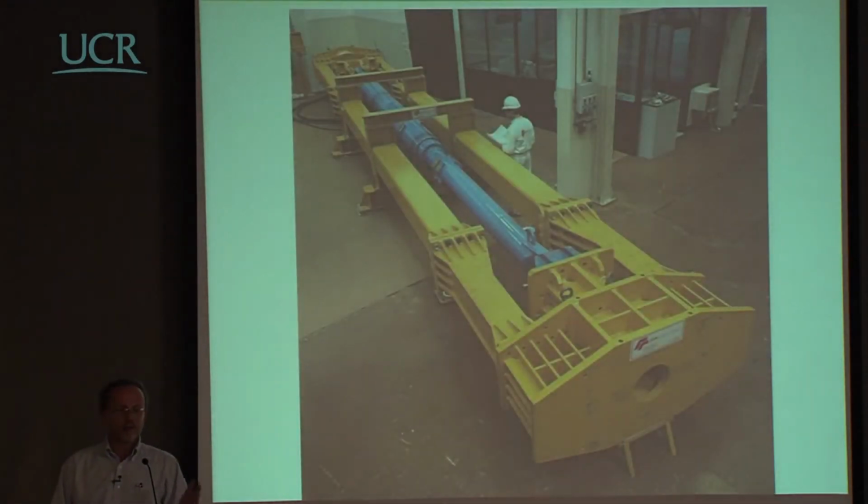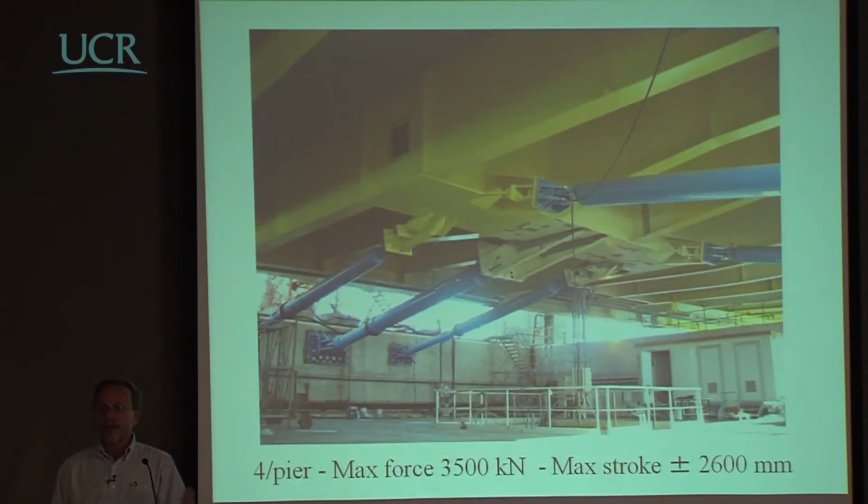And actually, this is just to show you that very large devices can be used. This is one of the devices that has been used in the Rion-Antirion bridge, where both Nigel and myself were involved. And this is the deck of the Rion-Antirion bridge. And this is the connection of the deck to the top of the piers. You see this, and this are hydraulic dampers.